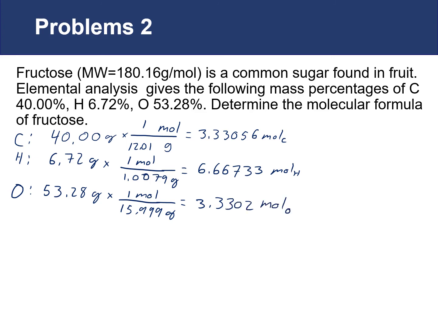moles of oxygen. So our formula would be C3.33056 H6.66733 O3.3302. We then divide this by the lowest number, which would be the oxygen.